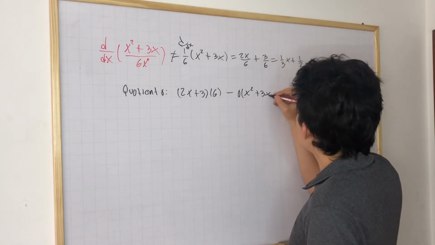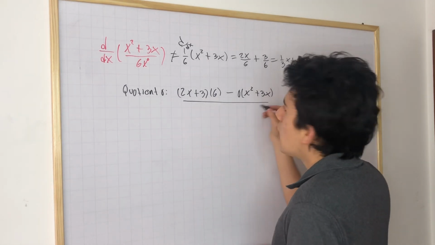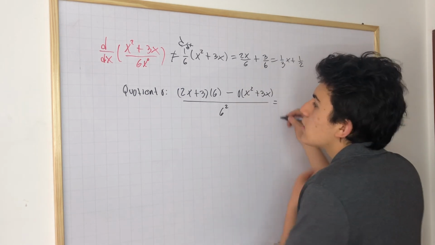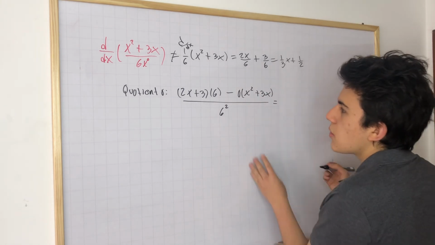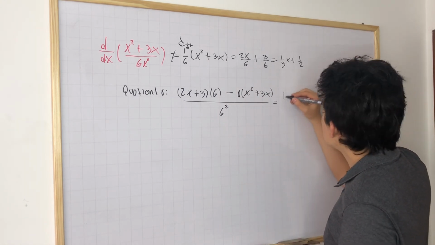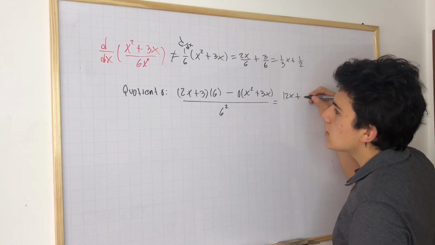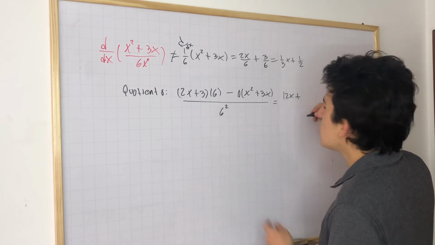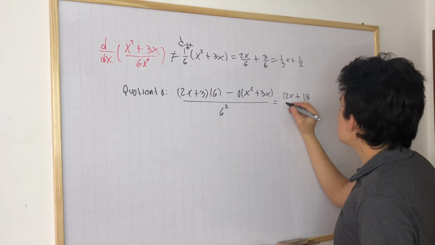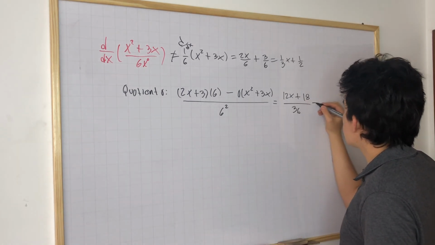Now this term is just simply going to go to 0. And now the bottom squared, so we're going to have 6 squared. So let's see what we get. Now this goes to 0, and we have 12x plus 18, and now just divided by 36.